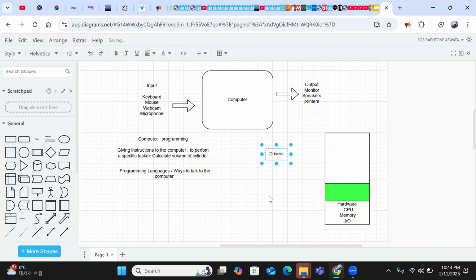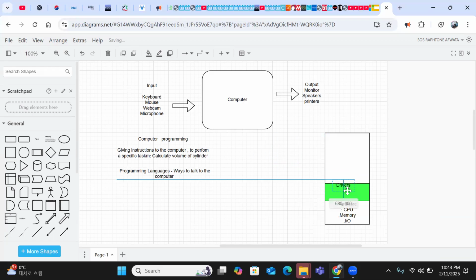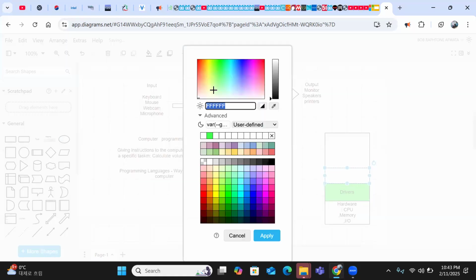The drivers are required to talk to the hardware. Normally some people consider drivers part of the operating system. You can think of it as different, or as part of the operating system.